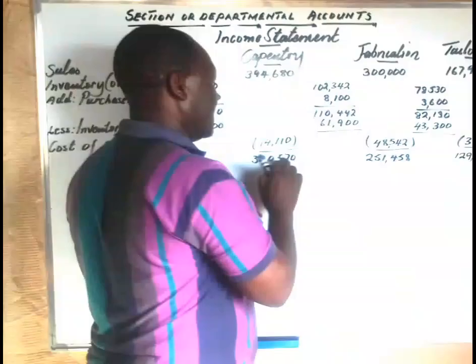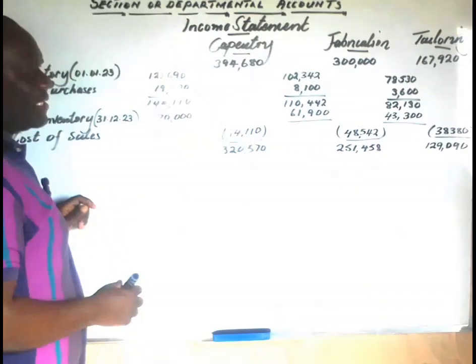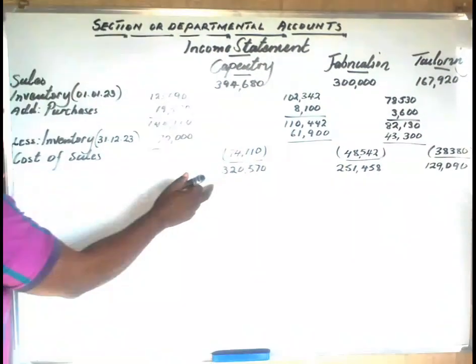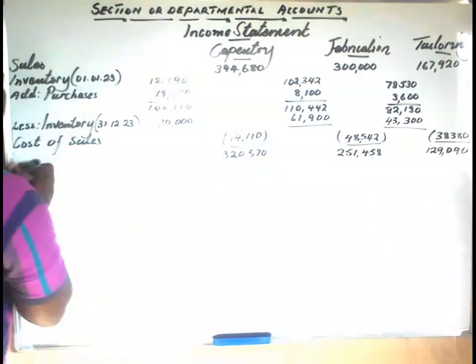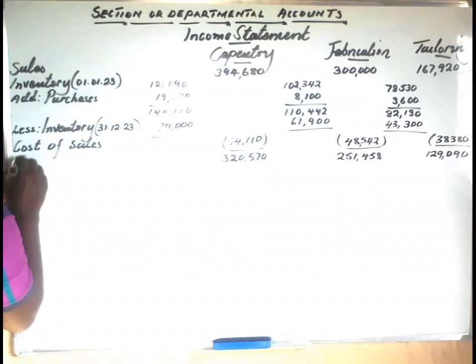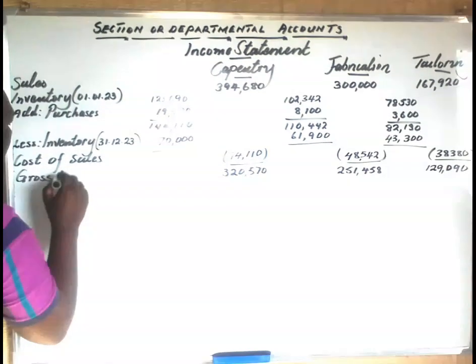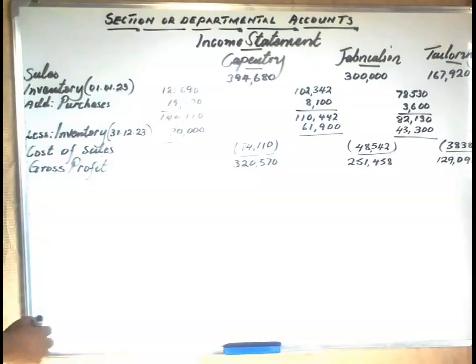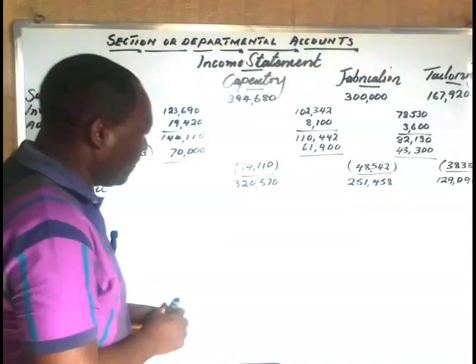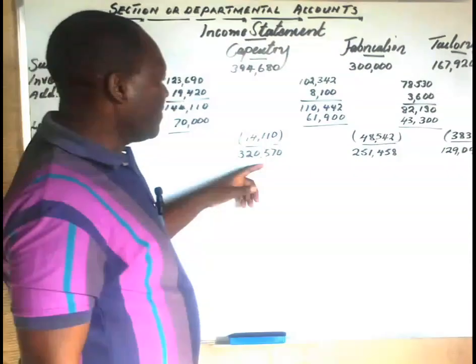These figures, because we have subtracted from the total sales, these are giving us a figure called gross profit. So gross profit for carpentry will be 320,570.